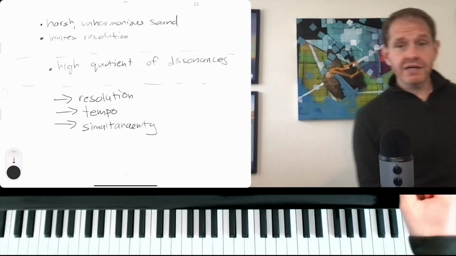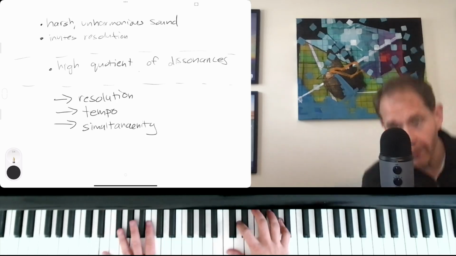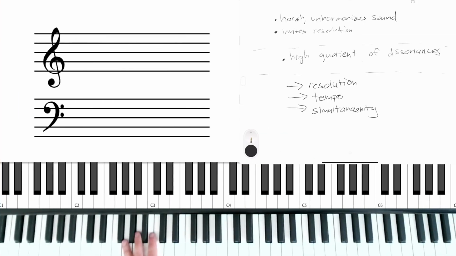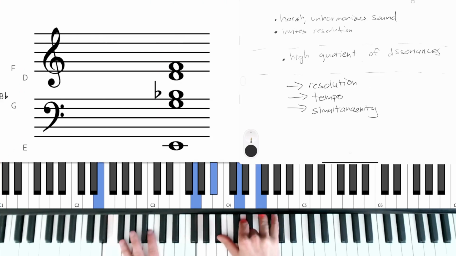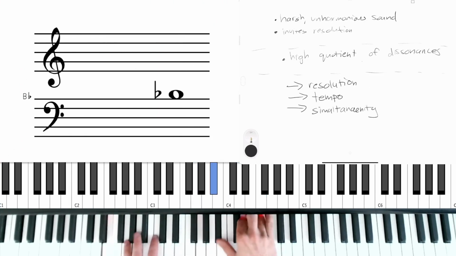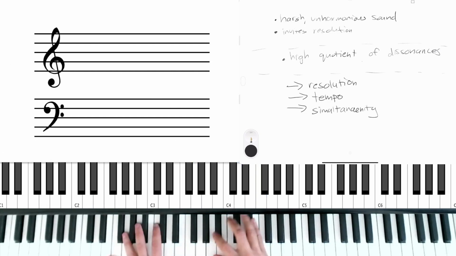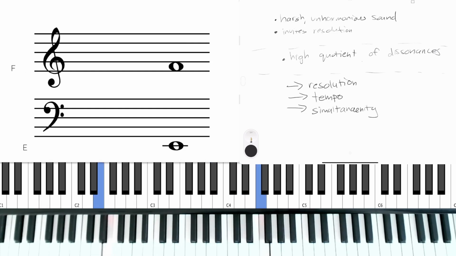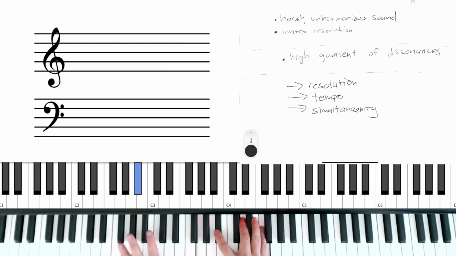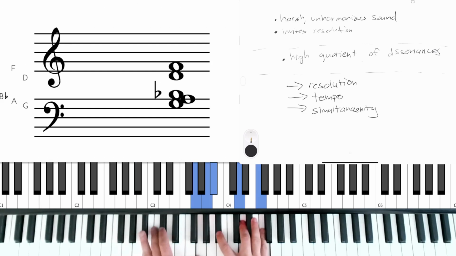So in my example for my half diminished chord, let's come back here. You can really hear the dissonance when I play it all together, right? But if I play, so the dissonance is between these two notes, right? That really wants to resolve. But if I play, all of a sudden, I don't even hear dissonance.